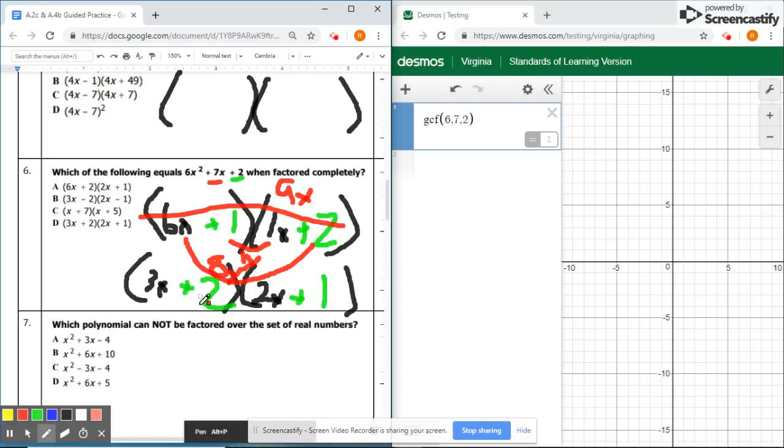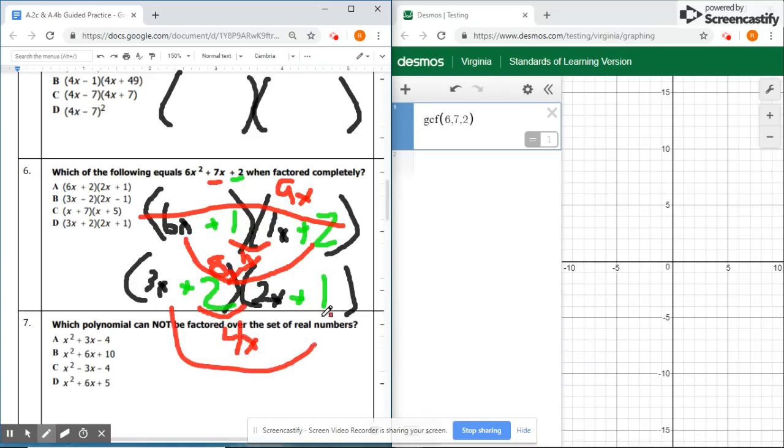And when we check, we get 2 times 2 is 4x, and 3 times 1 is 3x, and 4x plus 3x is 7x, and that's what we have here. So 3x times 2x is 6x squared, 2 times 1 is 2, and 4x plus 3x is 7x. So it has to be 3x plus 2 and 2x plus 1.